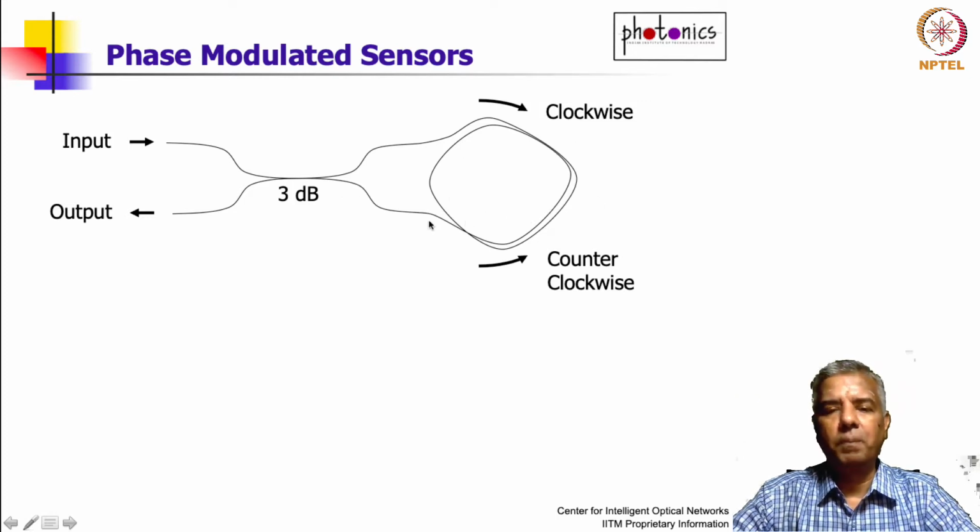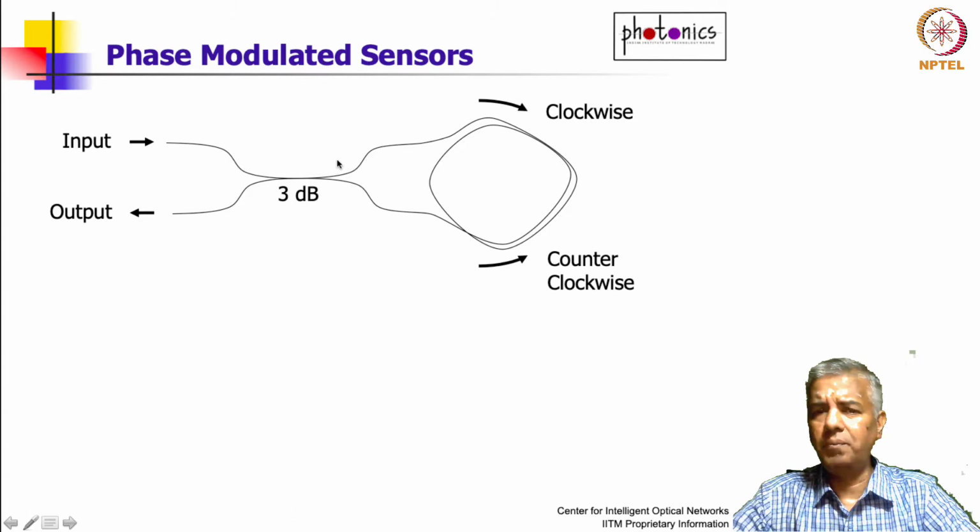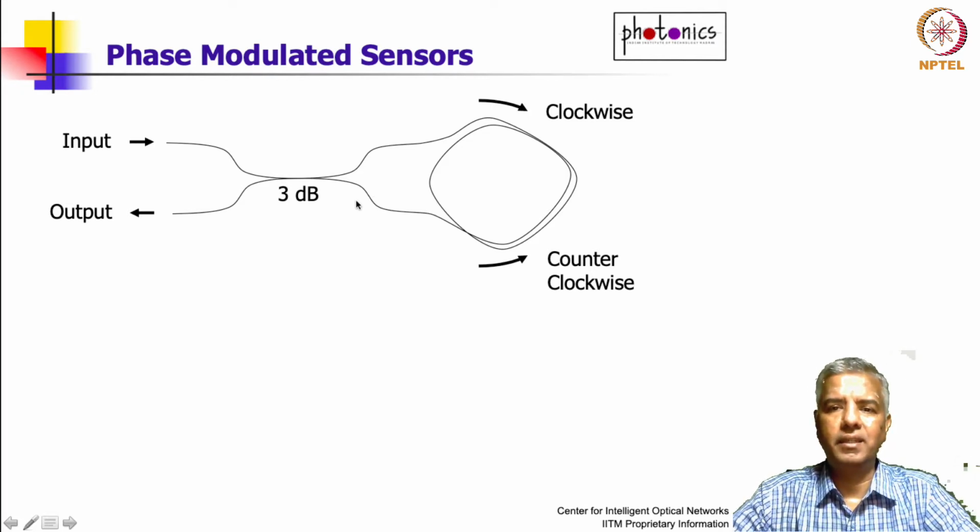So the paths they are traveling are both the same, and because of that, when they come back and when you look at the output, they essentially cancel each other. So the phase difference between them is 0, and so all the light is just going there. There is no output over here.